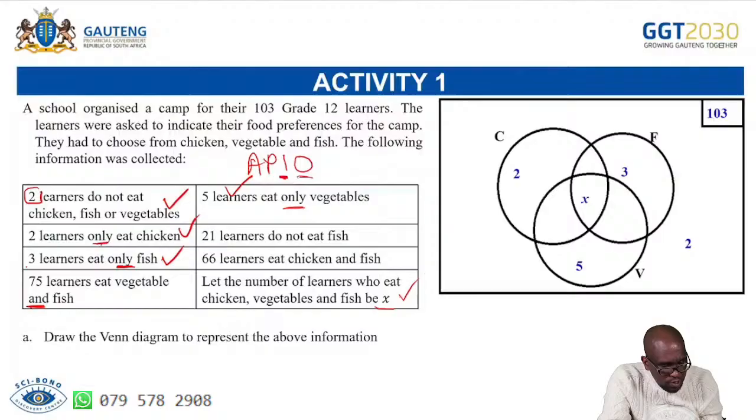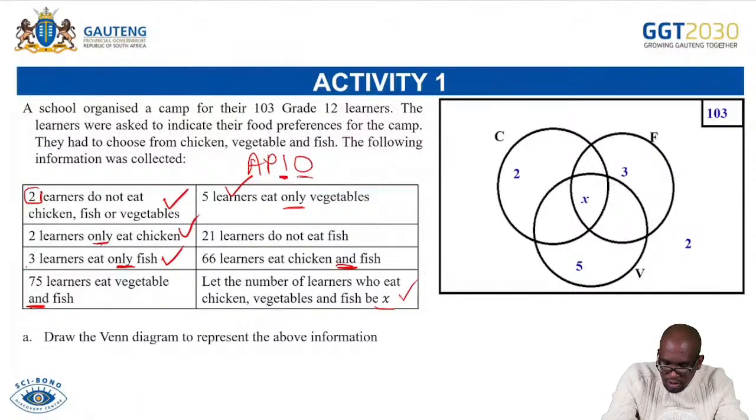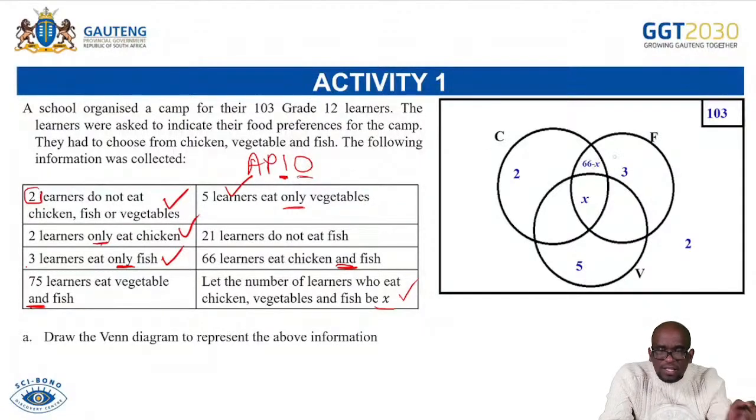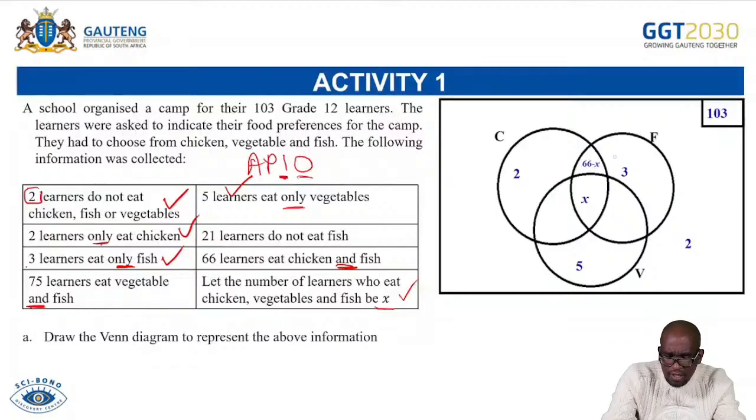Then we look at the next one. 66 learners eat chicken and fish. So for chicken and fish, it is 66 learners. What do we do there?